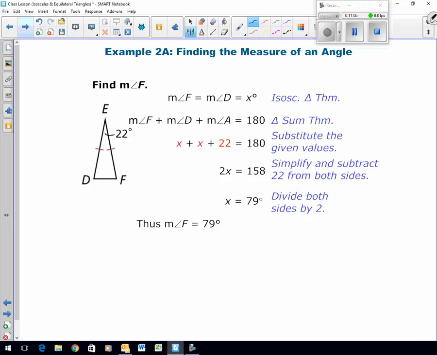If ED is congruent to EF, what is true about the angles opposite them? They're congruent. Angle D is congruent to angle F. So now put that into our triangle sum theorem.